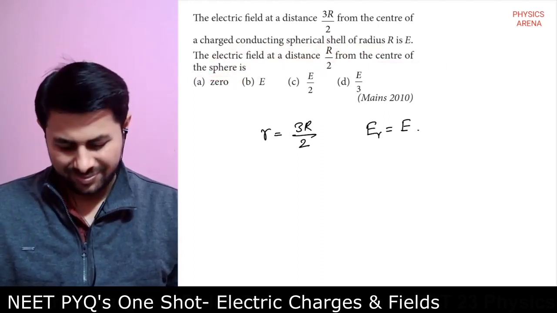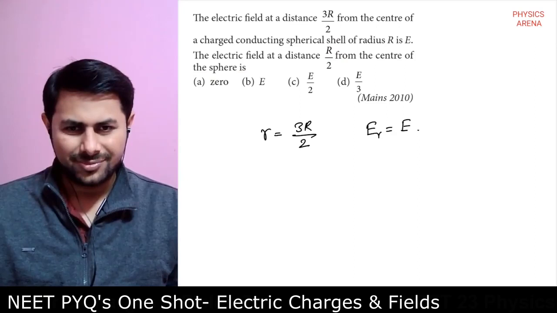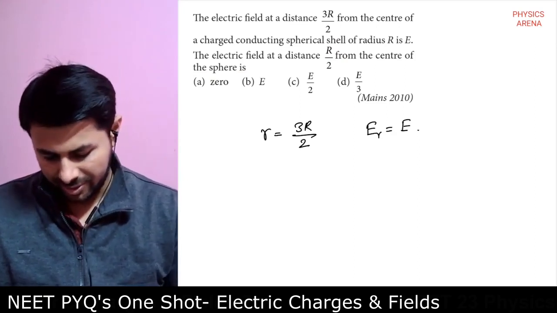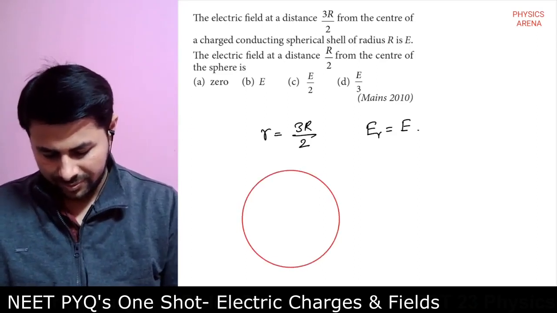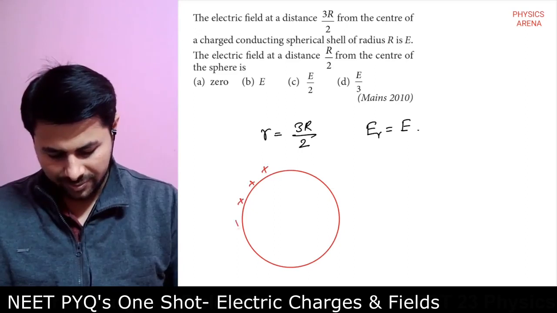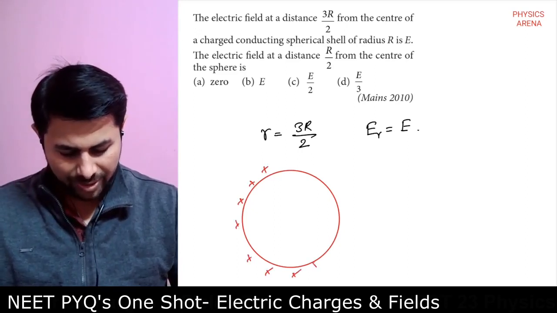Tell me. You have a conducting shell. What is the electric field at r by 2?